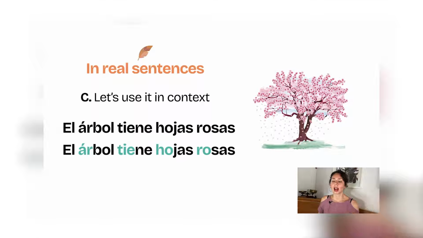El árbol, the stress is in AR, árbol. Tiene, hojas, rosas. Bien, now you know how syllables and accent marks work in Spanish.